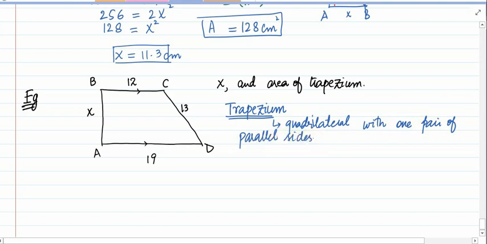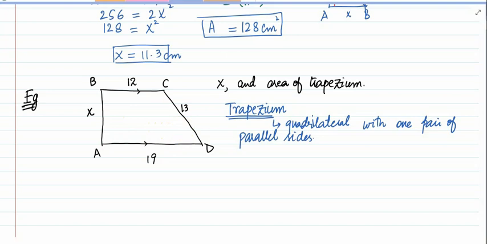Like in our question, we have AD and BC are parallel. So its condition is it must have only one pair of parallel sides. Either AB or CD is parallel, or AD or BC is parallel. So only one pair of parallel sides should be present in a trapezium.